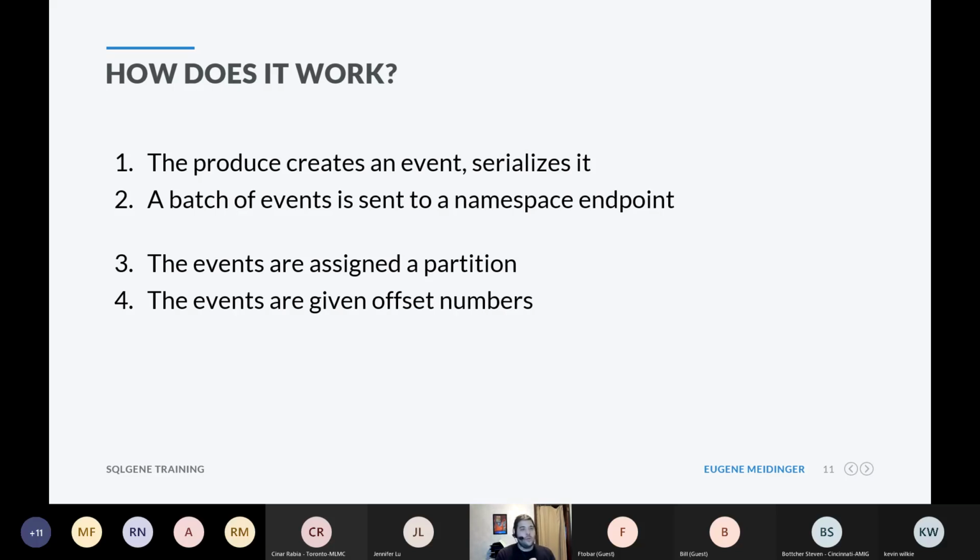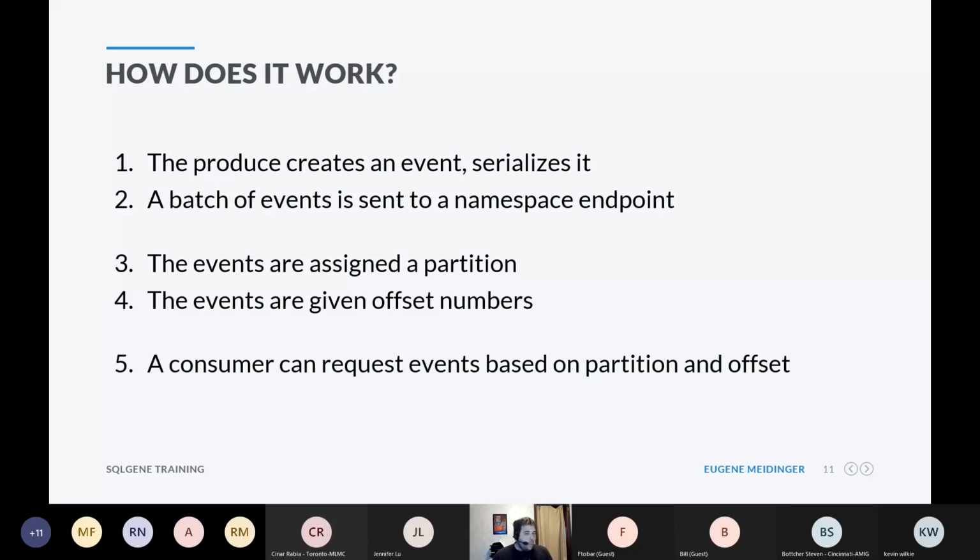All right, so the events are assigned a partition, they're given an offset number, and then later, at any point later, as long as it's before the event is deleted, a consumer can request events based on a partition and an offset. And what that means is that the consumer can read events out of order if it wanted to, right? It could read the first 10 events and then change the offset and read them again.